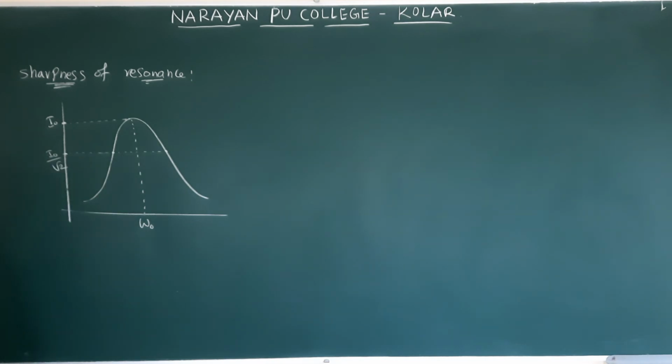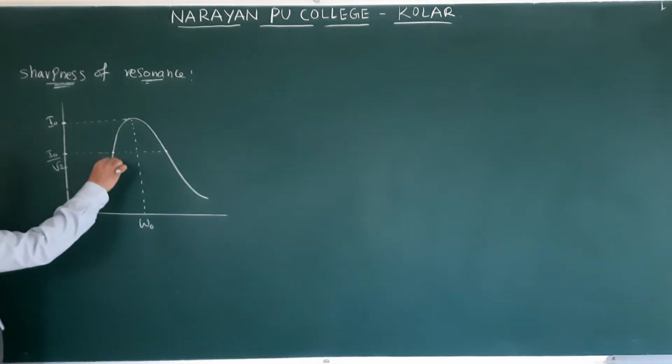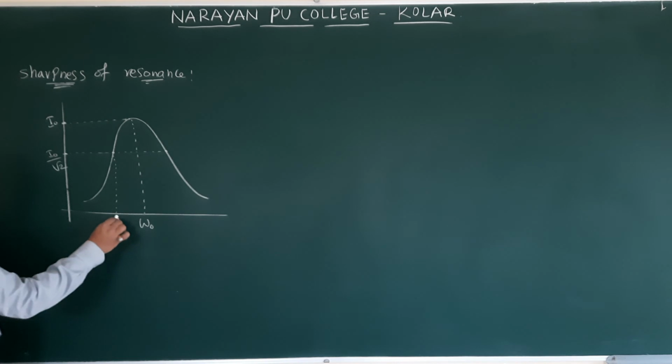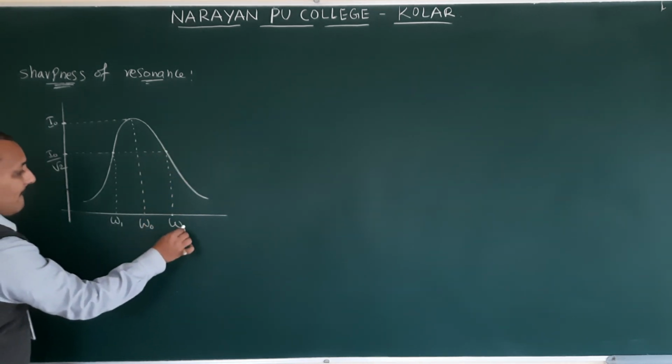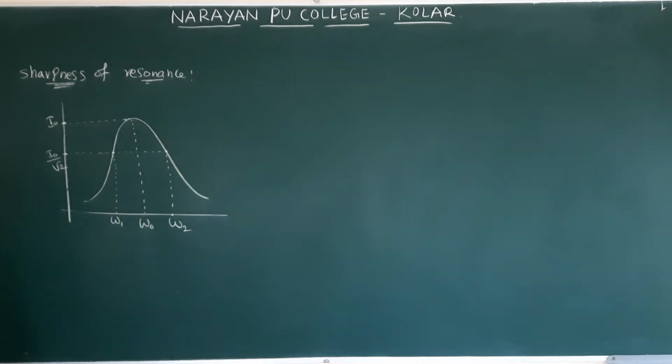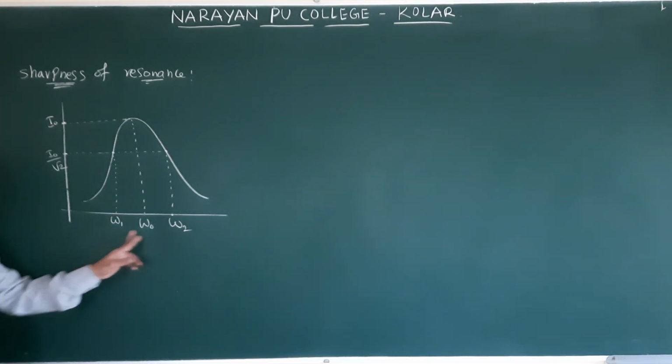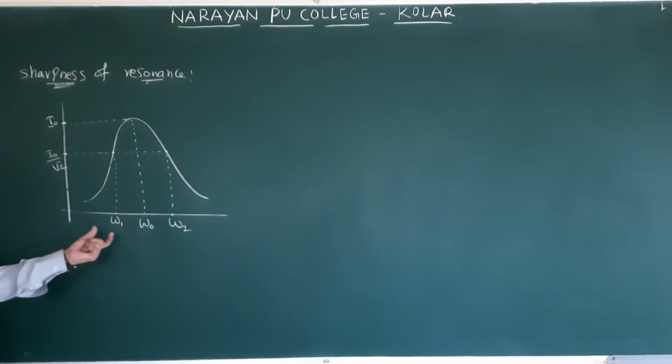I naught by root 2. At this point, angular frequency omega 1. At this point, angular frequency omega 2. So F naught, F1, F2 also you can write, that is also correct. But the textbook gave it with angular frequency, therefore we are writing with angular frequencies.